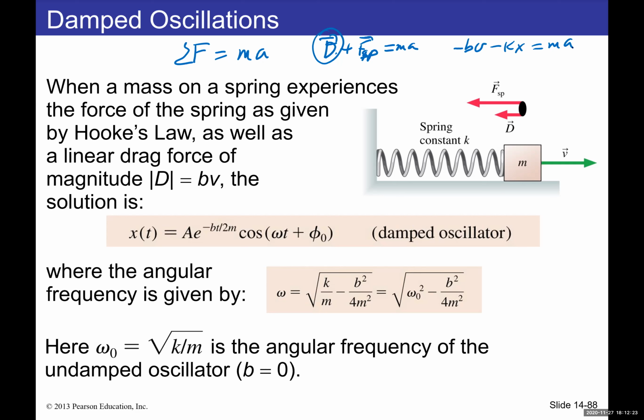That is negative bv minus kx equals mass times acceleration. In a way, what we end up with is this. On the right side is mass times d square x dt square. Then the first one is negative b times v, which is dx dt, minus kx. If I rearrange everything, I end up with m times d square x dt square, plus b times dx dt, plus k times x equals 0.